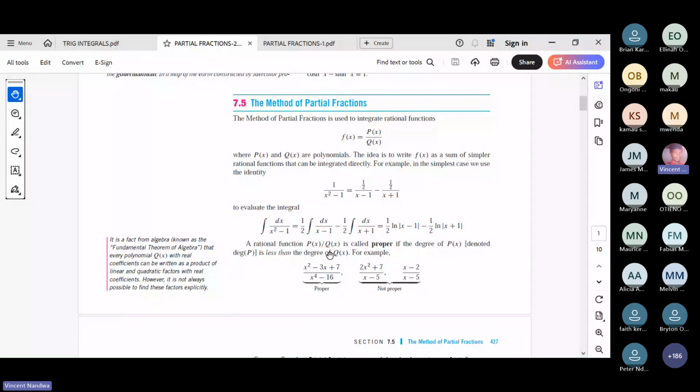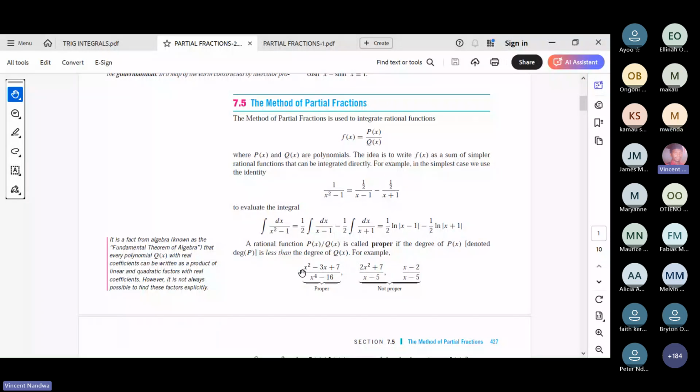So if I have two polynomials P and Q, then the fraction P over Q is proper if the degree of P is strictly less than the degree of Q. And the degree of a polynomial is simply the highest power in the polynomial. So for example, x squared minus 3x plus 7 is a polynomial of degree 2.